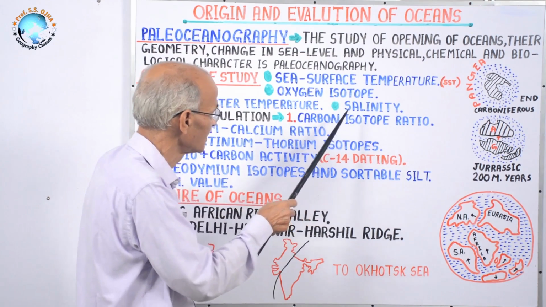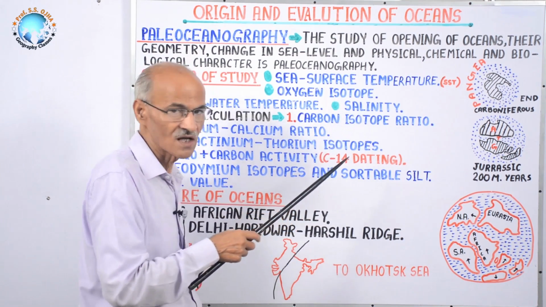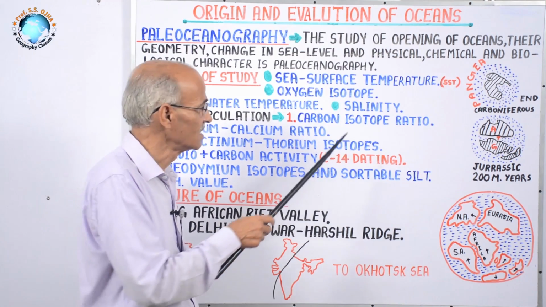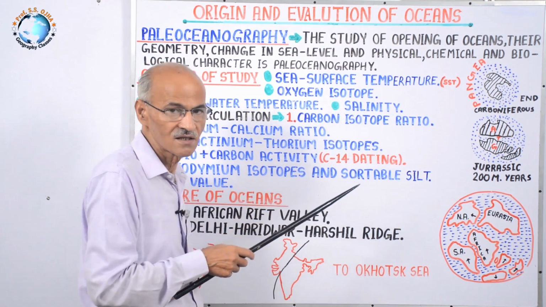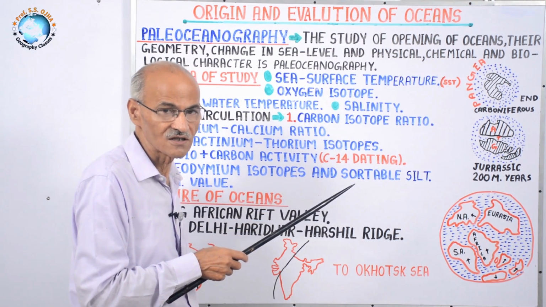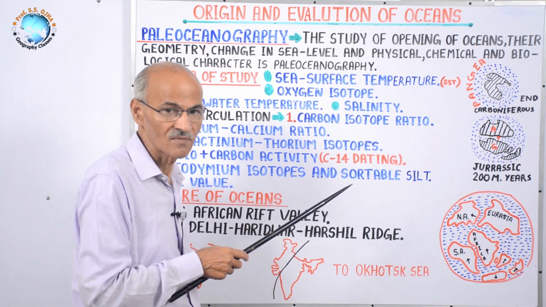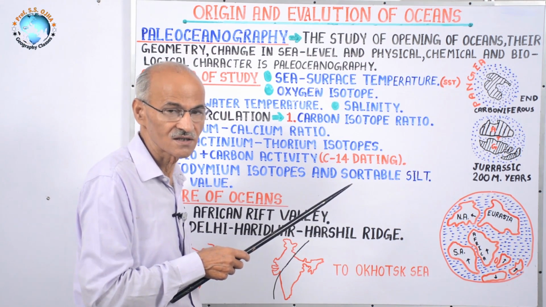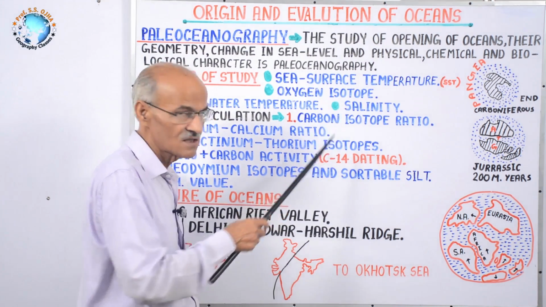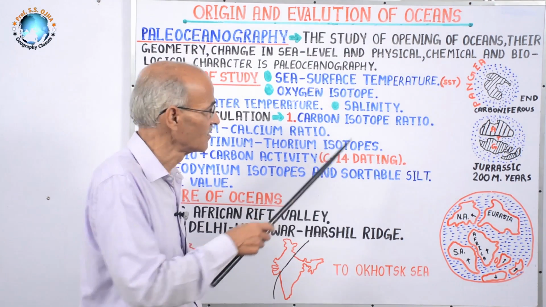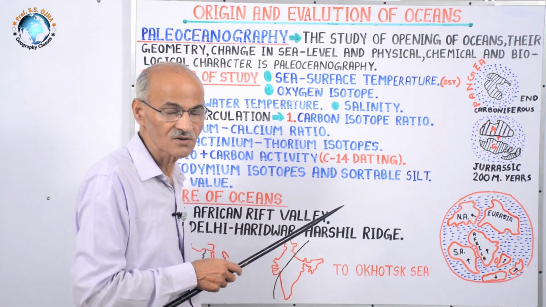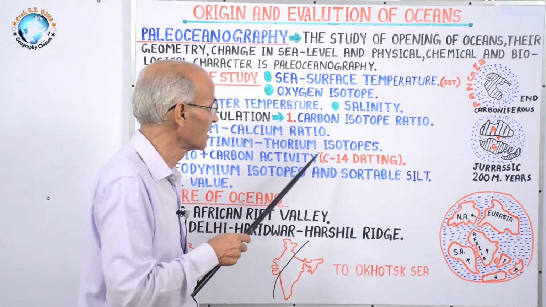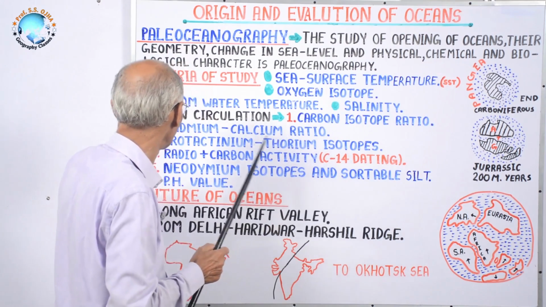Next point is salinity. The same case is with salinity, because with increasing depth, salinity increases, and salinity amount varies from time to time depending on the temperature and rainfall conditions. Thus, the study of Paleoceanography based on salinity also exposes the secrecy of paleoclimatology and paleobotany.